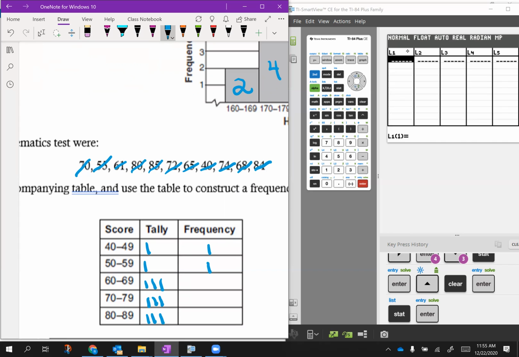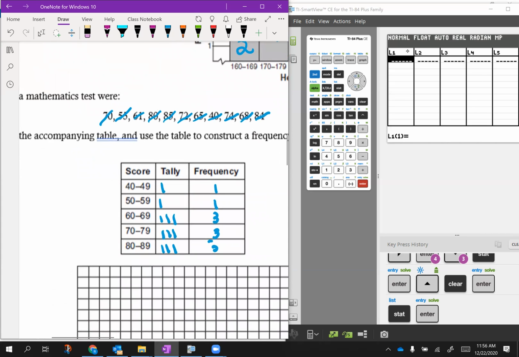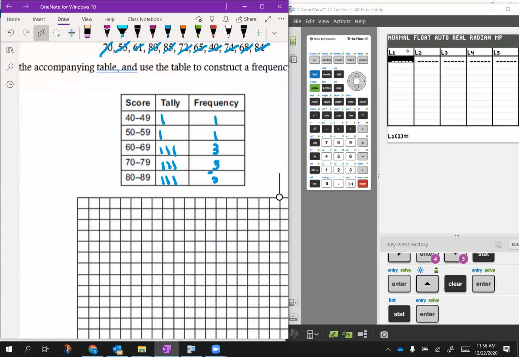So I'm seeing 1, 1, 3, 3, 3. Pay attention to if it says cumulative frequency or just regular frequency. Looks like my pen's not working, so that will be a 3 there.